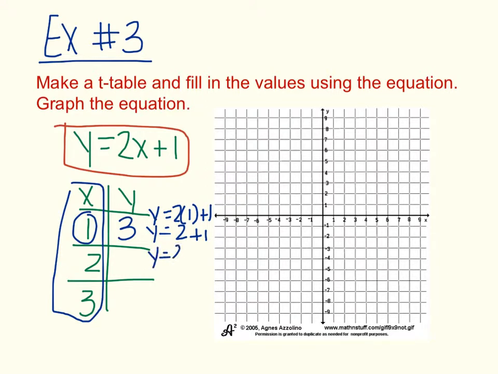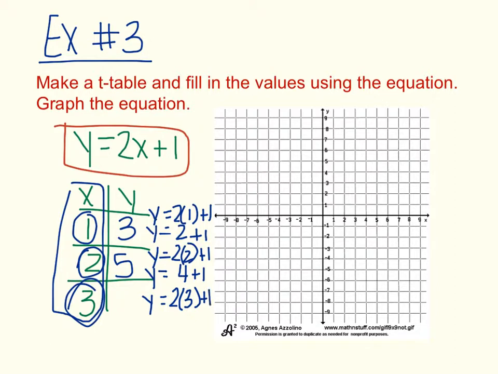Y equals 2 times 2 this time, plus 1. 2 times 2 is 4, plus 1 is 5. The last one, we plug in a 3 in place of the x, so y equals 2 times 3 plus 1. So y equals 6 plus 1, which is 7.